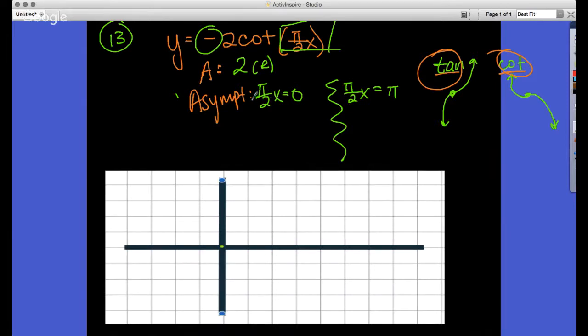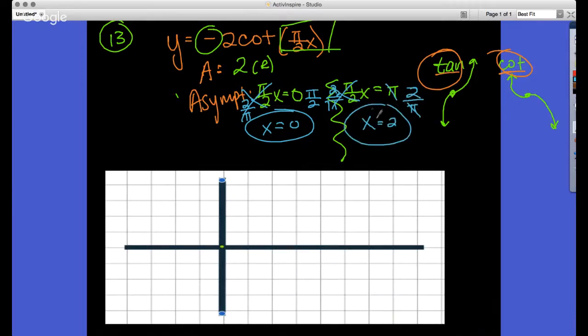So if I multiply by 2 over pi, again, it's the reciprocal, I cancel. And I do it to both sides, getting me x is equal to, well, 0 times anything is 0, okay? Also, we're going to do the same thing to the other side, 2 over pi, both sides, pi's will cancel, leaving me x is equal to 2.